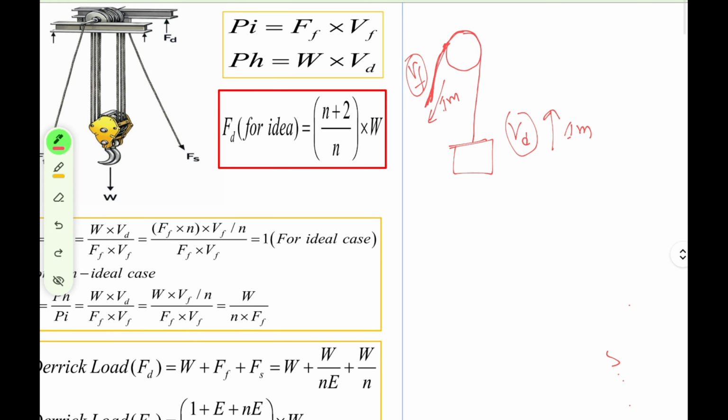But in another scenario, let's suppose we have this case, where this is the traveling block for this instant. When you pull 1 meter of the fast line, the load will rise only half.